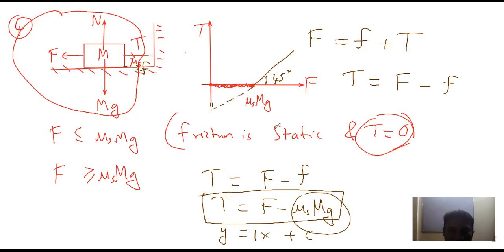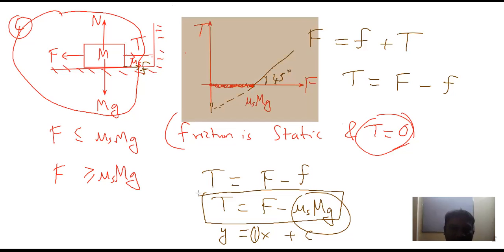So that is here. And the slope of this is 1. That means a 45 degree angle is created. So our graph will look like this. This will be our answer. Our answer to this question is this graph formed from this equation, which is the equation of a straight line.